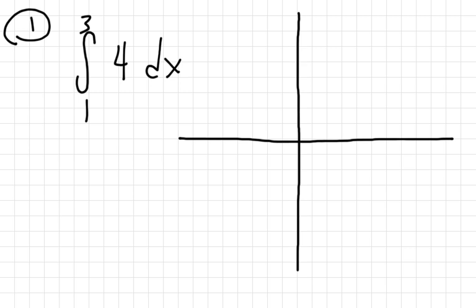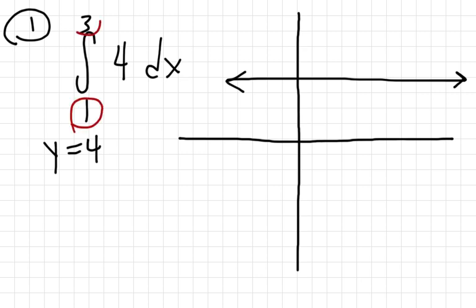So this function would be y equals 4, which is just a horizontal line, very boring function, which you could see right here on the graph. Now, I'm going to find the area from 1 to 3.